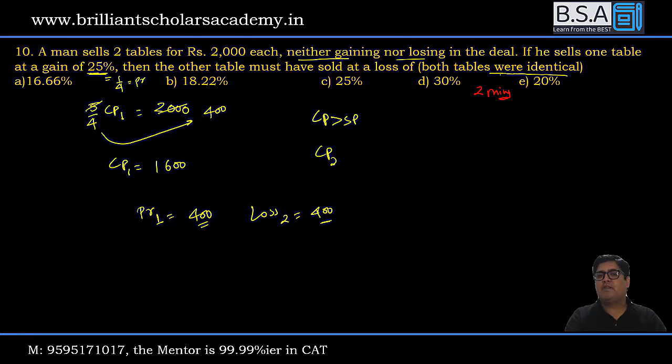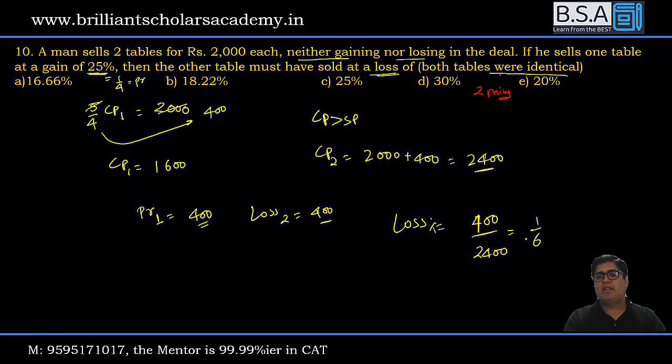So cost price of the second would be selling price plus the loss, which is 2400 rupees. The loss percentage would be amount of loss upon the cost price, which is 1/6 loss, which is 16.66%. Answer option A is correct.